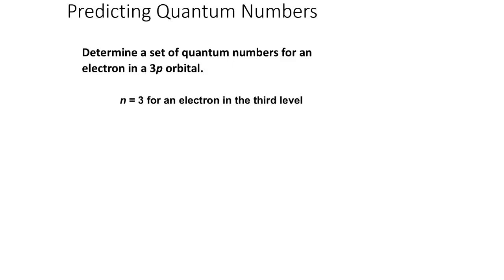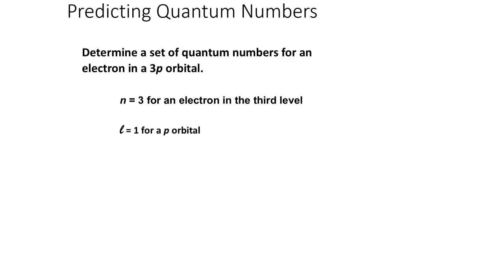If it's a 3p orbital, then n equals 3. If n equals 3, then L can be anything from 0, 1, or 2, but because it is a p orbital, L must be 1.